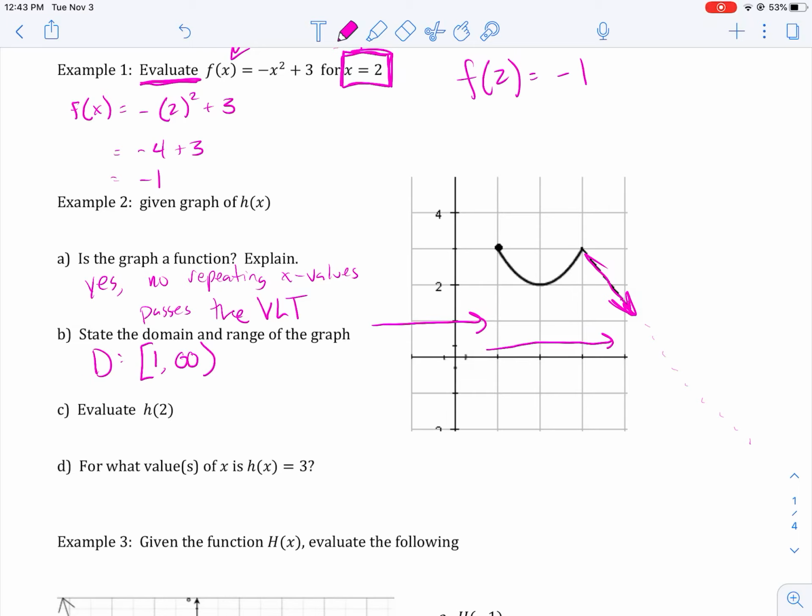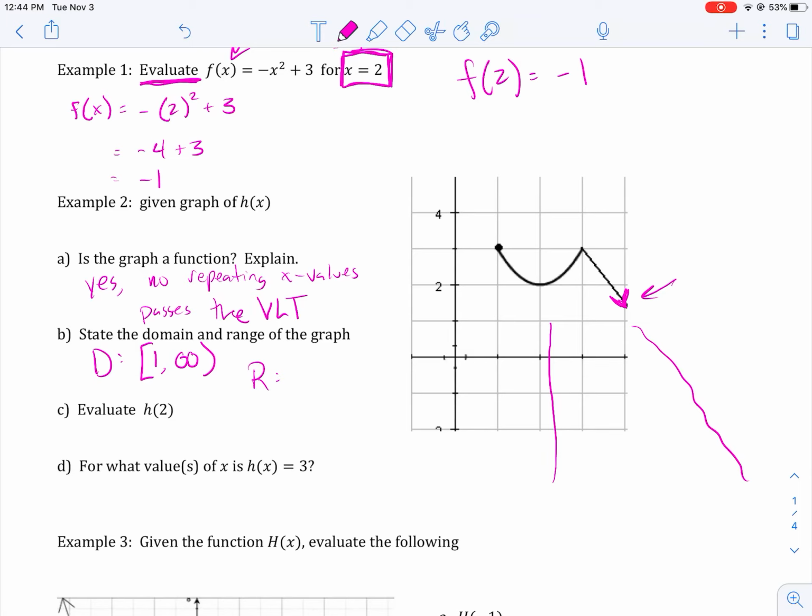And then our range. For the range we start from the bottom up. As we come up here, the first thing we run into is this little line over here off to the right. If you're using the pencil, you can just glide it right up the graph and you see you run into this thing first. Where's it pointing? Down, down, down.